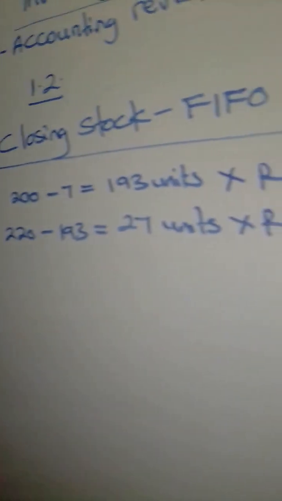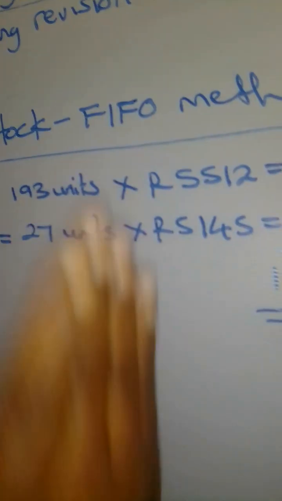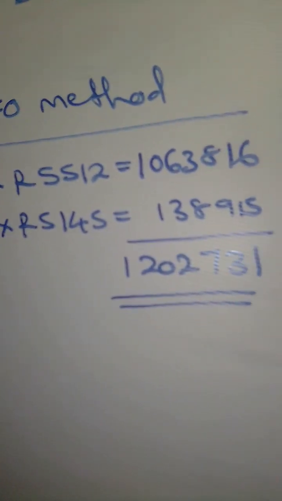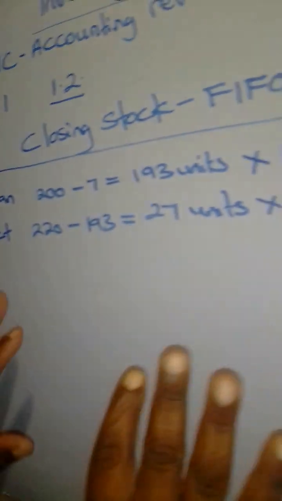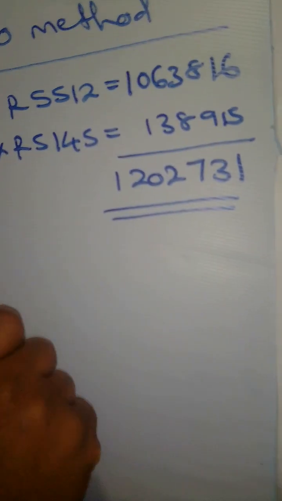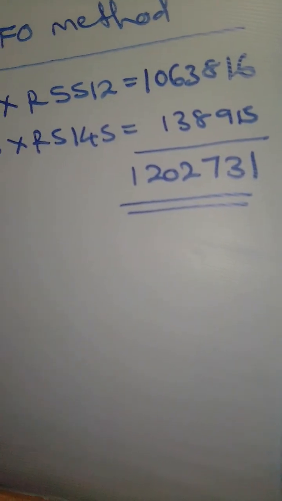That's why I started from the bottom going up, from January going up to October, to get my 220 units, which make up the closing stock. Okay, fine. So this is our calculation, and this is the value of our closing stock using the FIFO method.